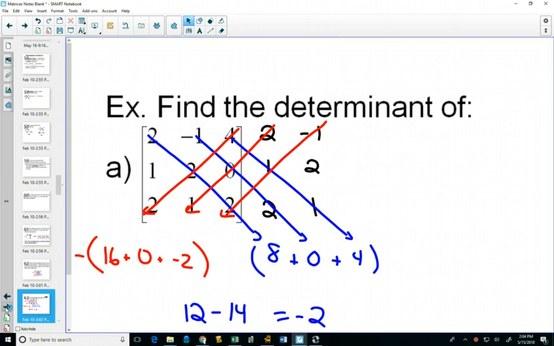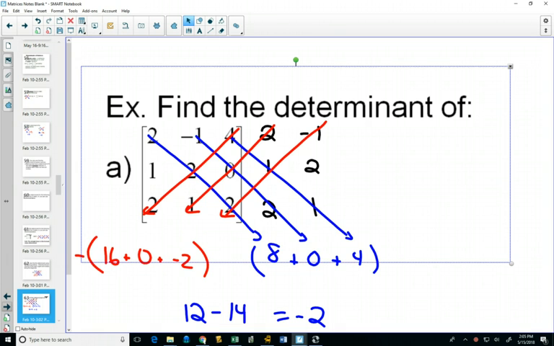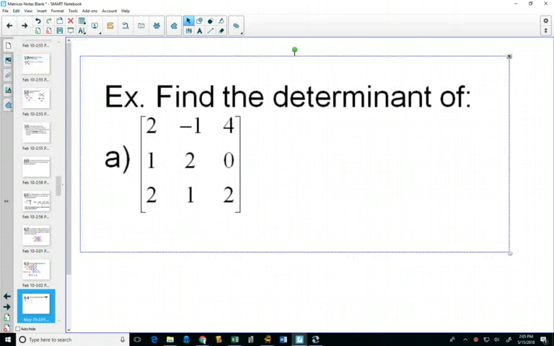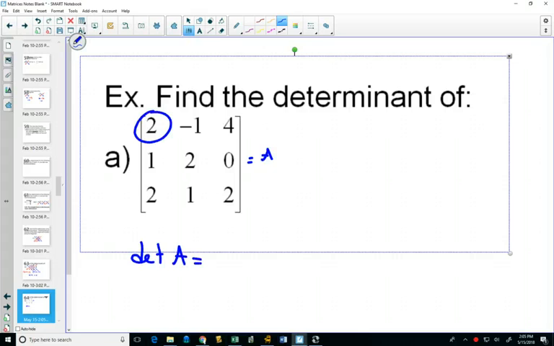Show us how you do it the other way. So if you wanted to do it the other way, the determinant of this matrix, I'm going to call it A, determinant of matrix A would equal, you would take 2 and multiply it by the determinant of 2, 1, 2.